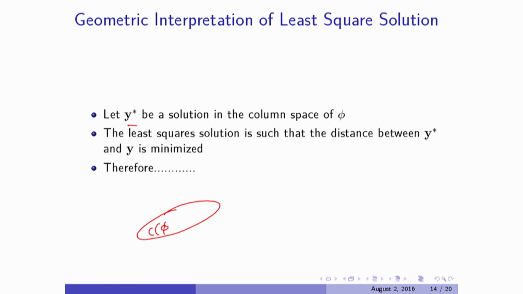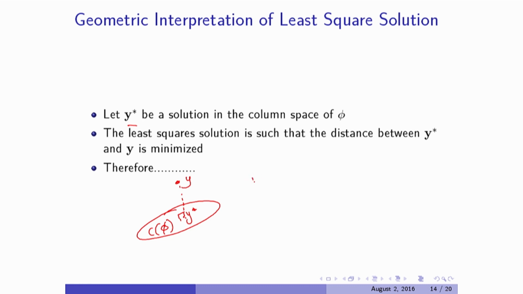Let's try and visualize this. So when would this distance be minimum? The distance between y and y star. We would expect this distance to be minimum if the line joining y to y star, the vector joining y to y star, is orthogonal to any vector lying in the column space of phi.